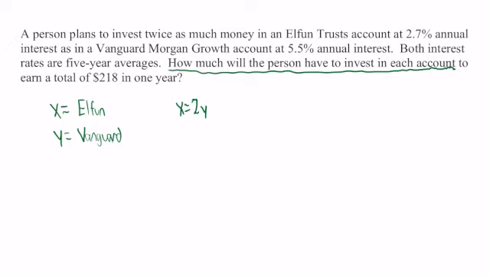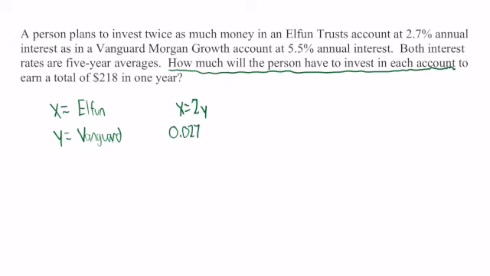Next, let's use those percentages. The percent of interest for the Elfin account is 2.7%. As a decimal, 2.7% is 0.027.